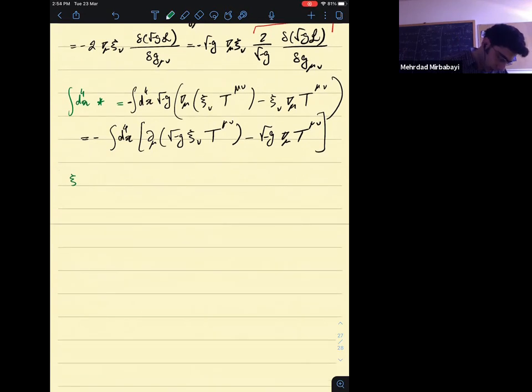So xi mu, take xi mu to be localized. And then as a result, this integral of this first term will be 0.